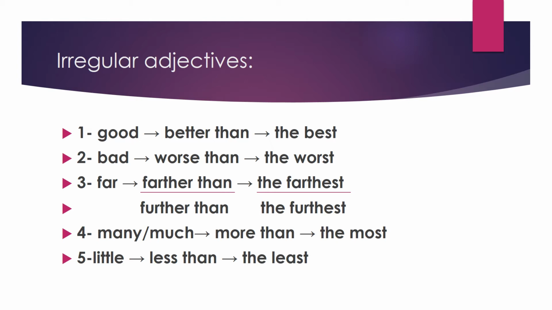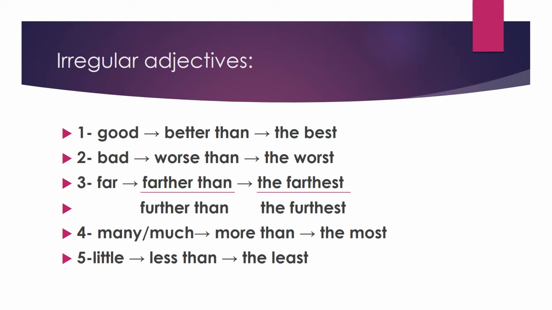You should know that we have some irregular adjectives in English, and the comparative and superlative forms of them are different. Like good, it will be better than and the best. Bad will be worse than or the worst.